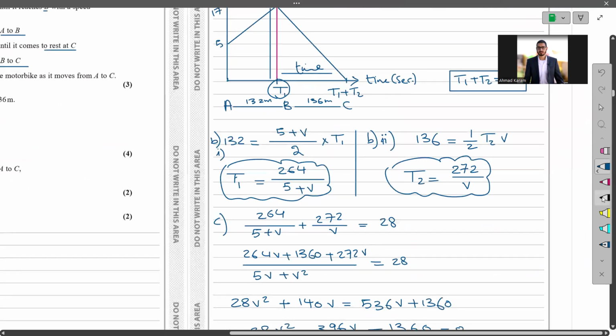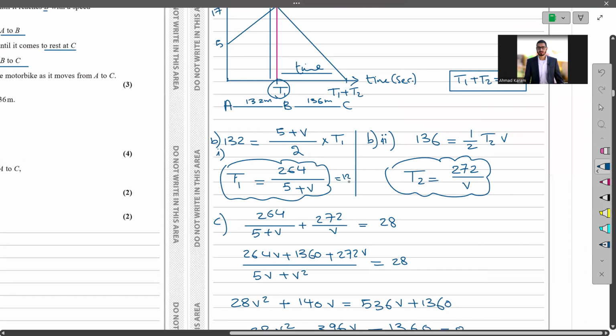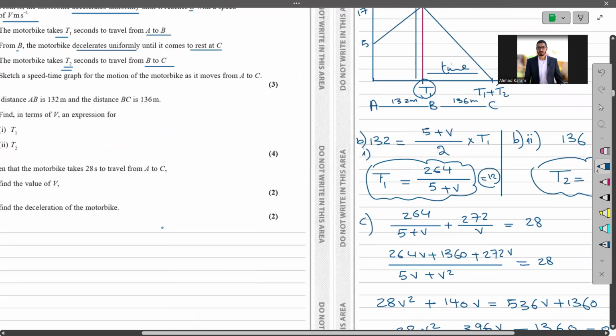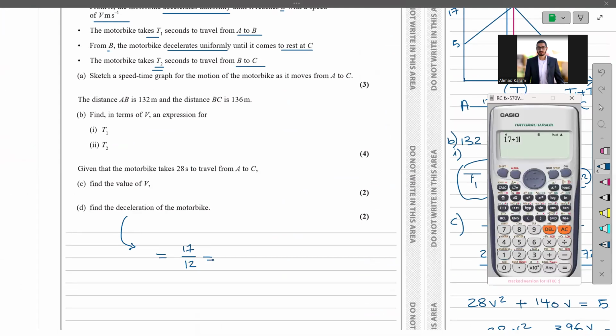T1 equals 264 over 5 plus 17, which is equal to 12. So the deceleration here would be equal to 17 over 12.